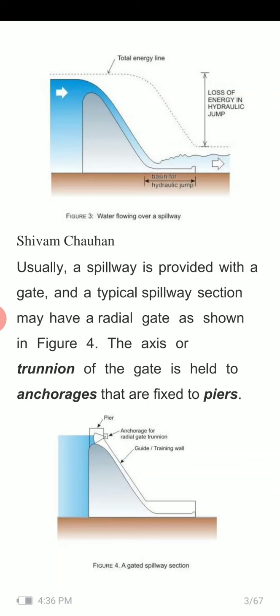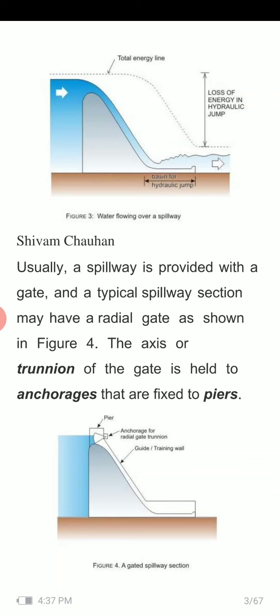On the top, the total energy line shows two positions, at the crest and at the bottom. The difference between the initial and final total energy lines is the loss of energy in the hydraulic jump, and the stilling basin is used to dissipate the excess energy and remove erosion.